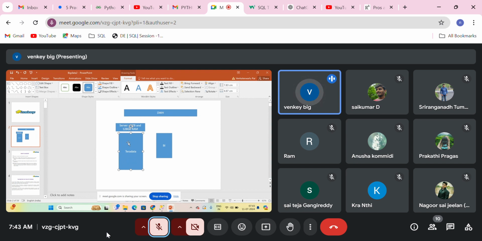But if I want to store a video or a photo or images or PDFs, whatever I'm getting from the web application, as is, it is not possible in your RDBMS systems, because your traditional data warehouse systems like Oracle, Teradata, or SAP HANA are bound by RDBMS principles, relational database management principles, right? So they can store the data in the form of tables only. Okay, so that is also one of the limitations in traditional data warehouse systems.